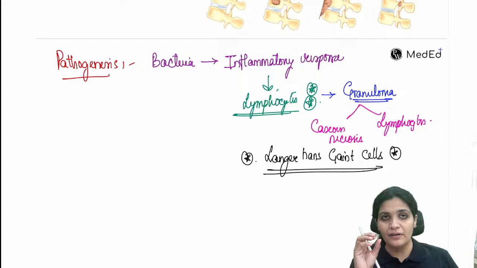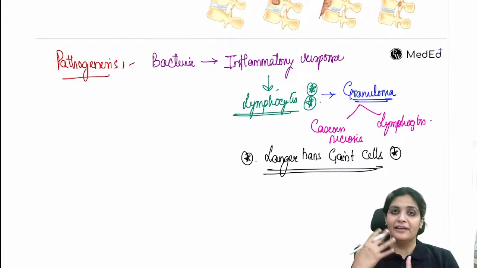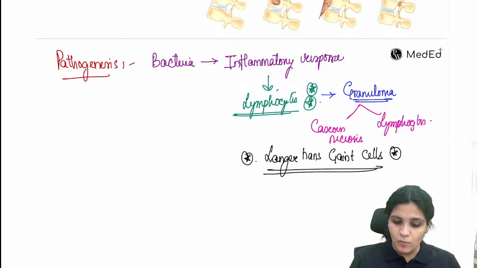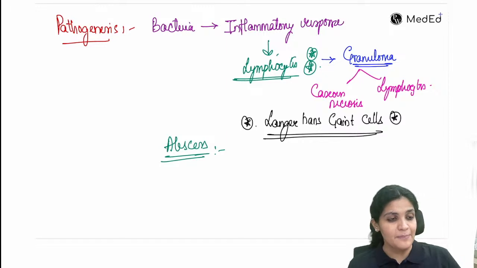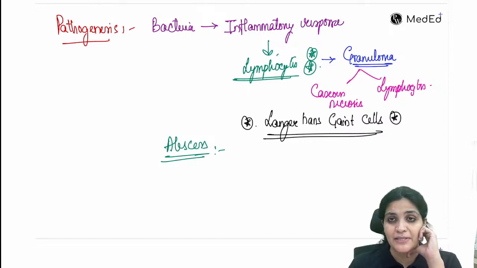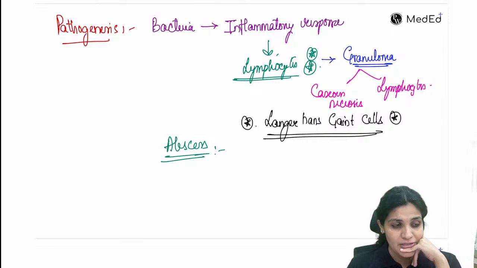So now the bacteria goes into the cancellous structure, that is your vertebrae, and there it creates the inflammatory response. And now what happens here? There is formation of the abscess. And what is the peculiar thing of TB? A specific name is given to the abscess which is seen in tuberculosis.